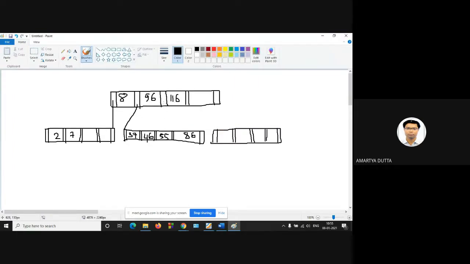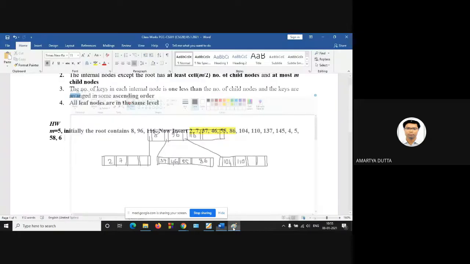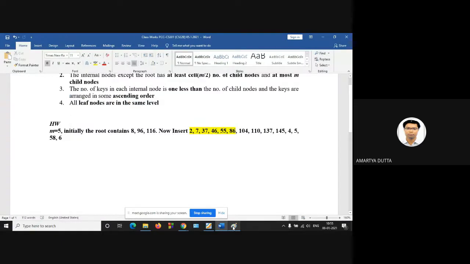So 104 and 110. This value will be greater than 96 and less than 116. So 104 and 110. Next value is 137.